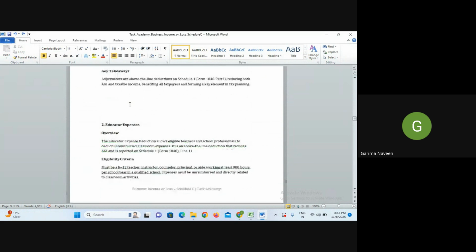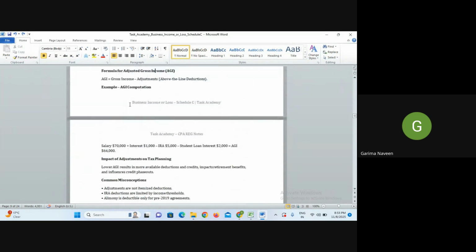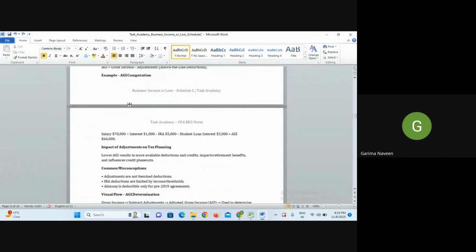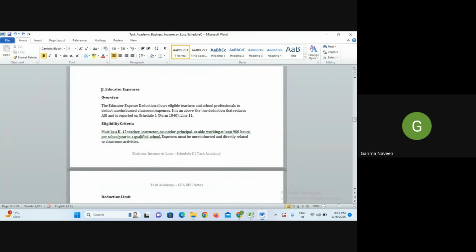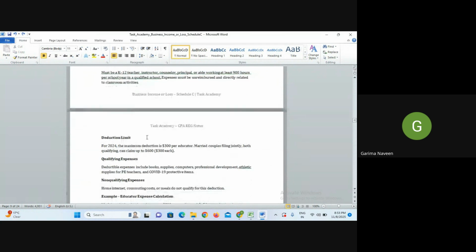So first of all is educator expenses. If you are a teacher, an educator, and you are purchasing certain kinds of equipment related to your education part and you are getting no reimbursement for it, then you can deduct these unreimbursed expenses in your Form 1040, but it should be up to the amount of $300 for each educator.